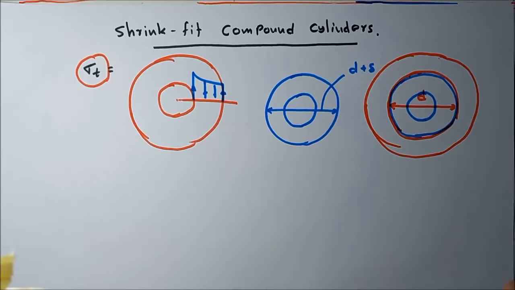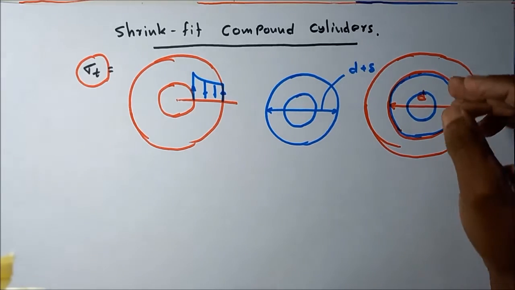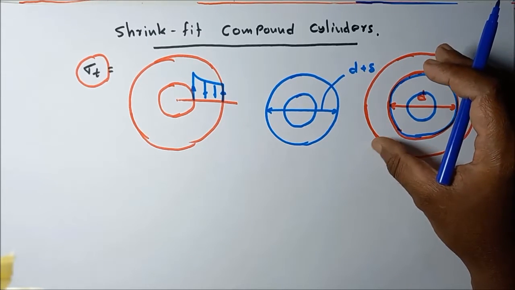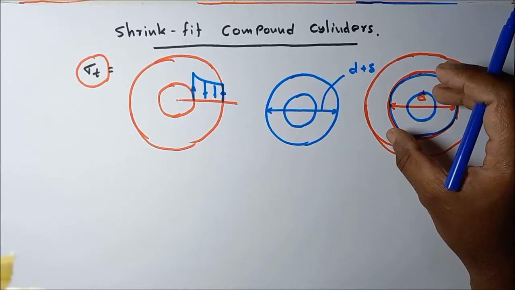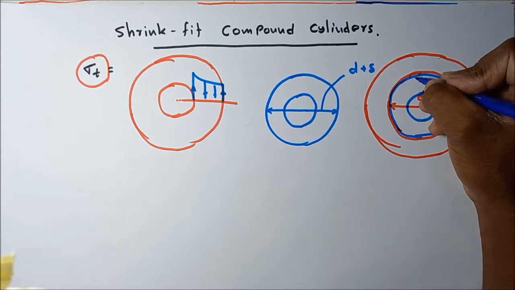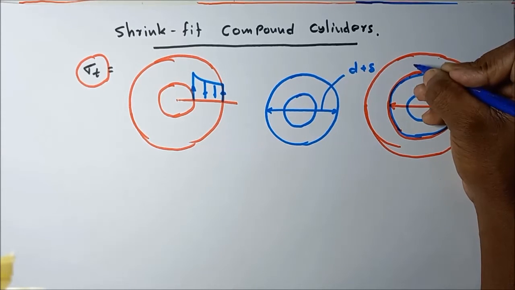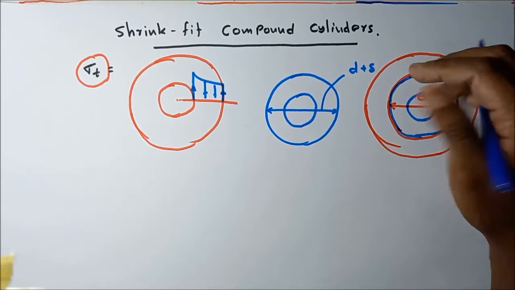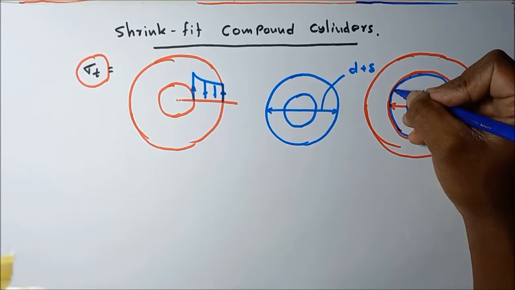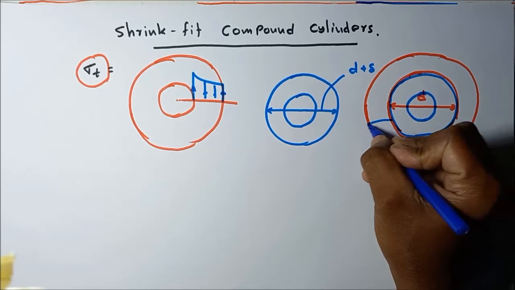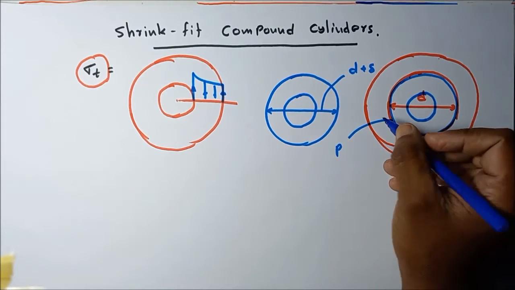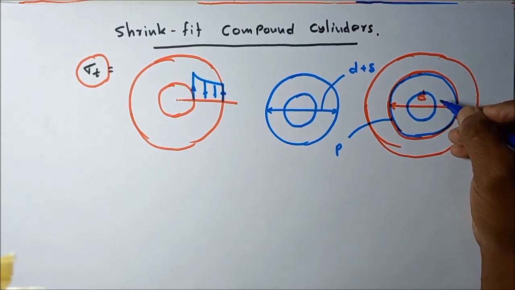When it comes to room temperature, because of the thermal expansion, this outer surface moves outward, so very high pressure develops at the mating surfaces. This is called the interface pressure, P.